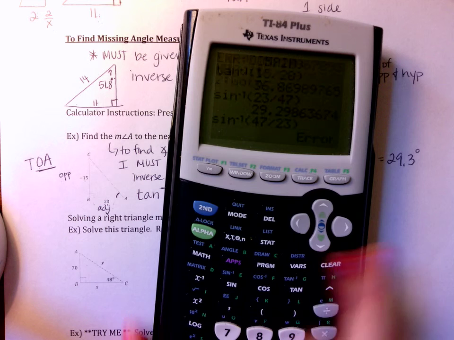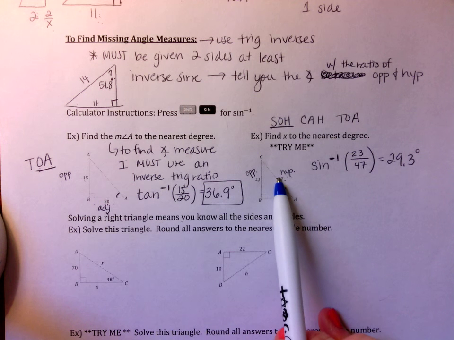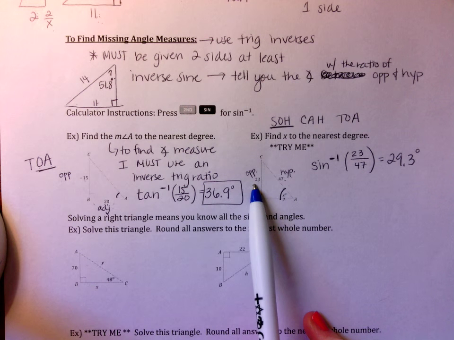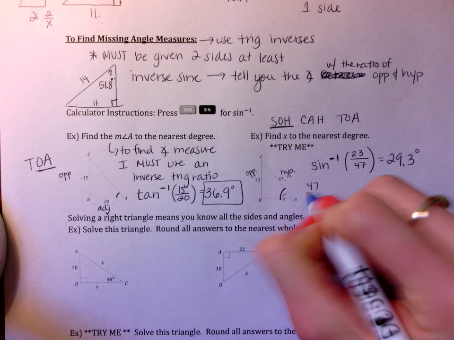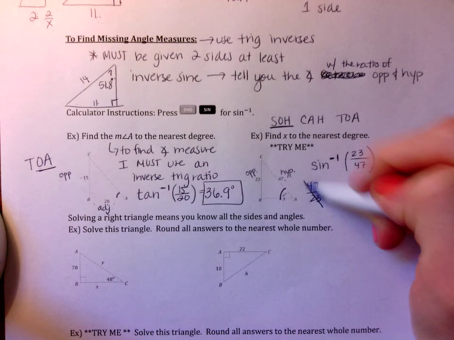The reason your calculator does that is because it knows the hypotenuse must be bigger than the opposite. So if you put an improper fraction, it's going to say, eh. Remember we talked about in the first set of notes, the only one that can be greater than 1 is tangent. So if you were to put 47 over 23, your calculator would say, oh, that's greater than 1. Sine cannot be that.